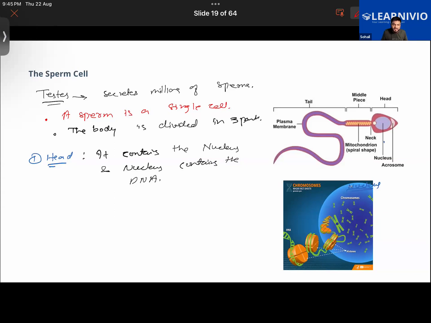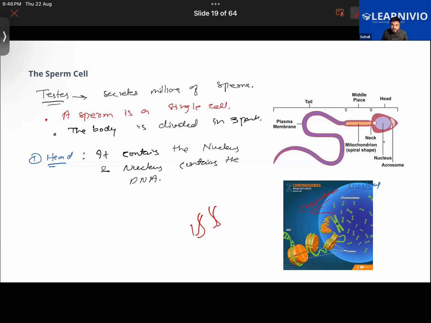These thread-like structures are called chromosomes. Furthermore, one chromosome has been zoomed out, and you see that inside the chromosome, DNA is present.